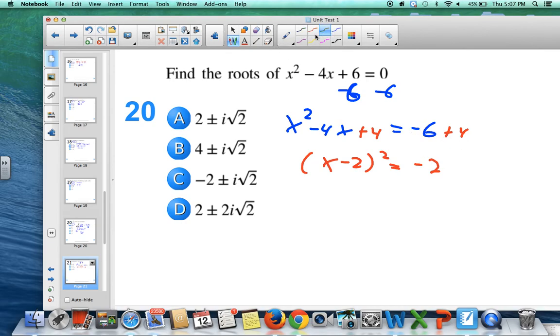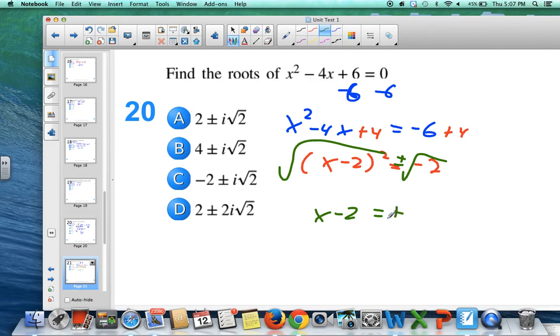Now what I want to do is get rid of the squared by taking the square root. So this becomes x minus 2 equals the square root of negative 2, which we've taught a long time ago. We can't have a square root of a negative number until we learned about imaginary numbers. So remember when I take the square root, I'm going to have plus or minus.